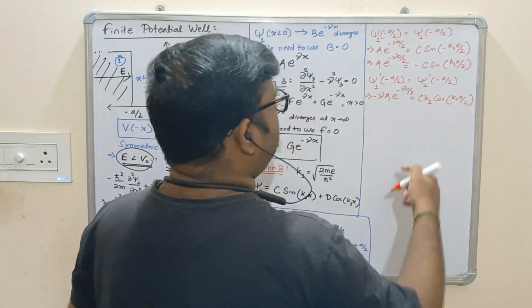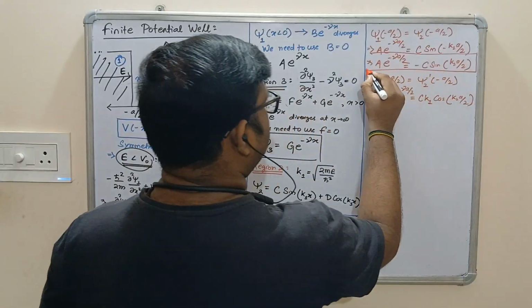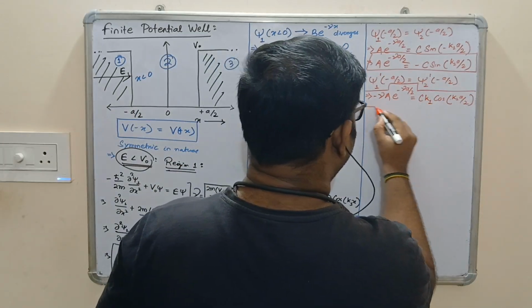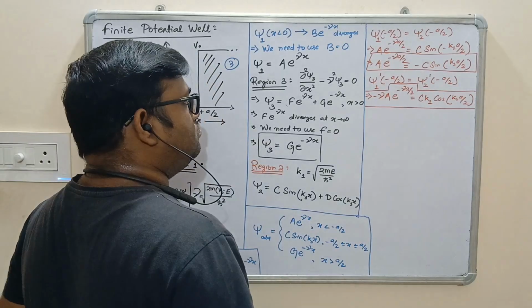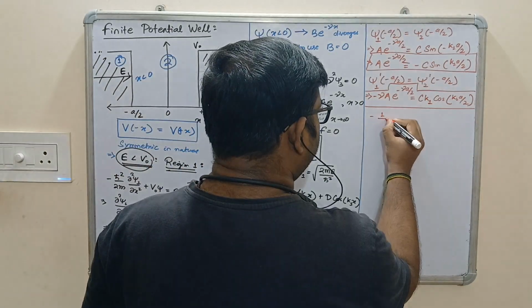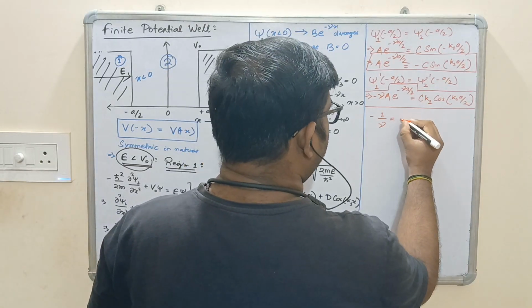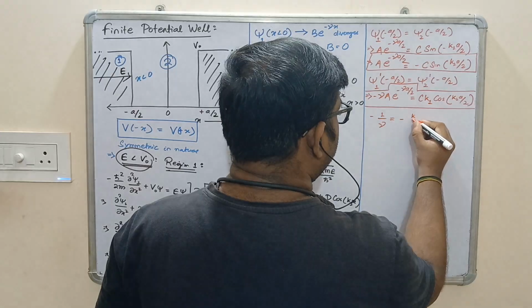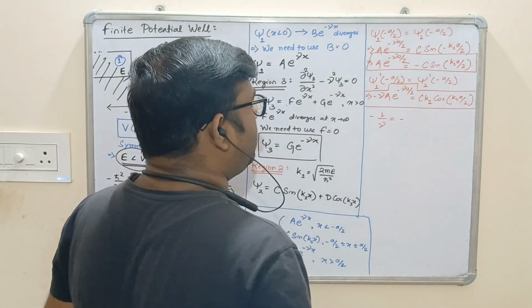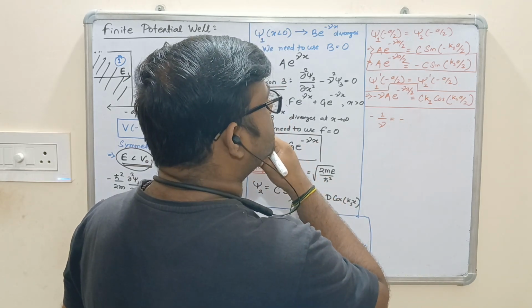Very good. So now look at these two equations, this equation and this equation. If you divide these two, you will have minus 1 by nu is equal to minus... wait a minute.